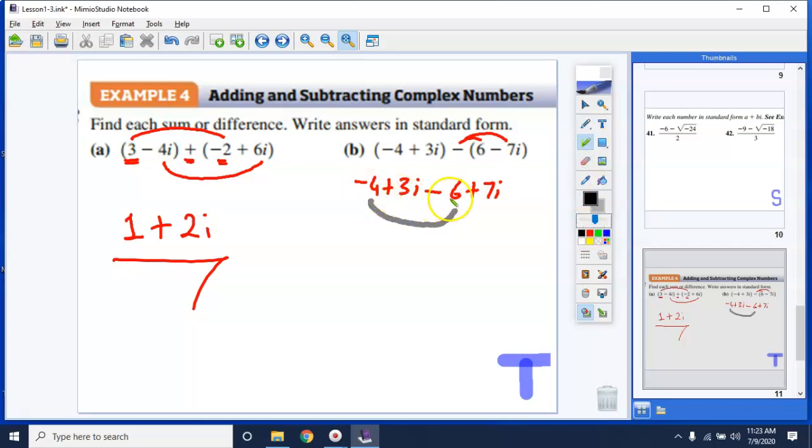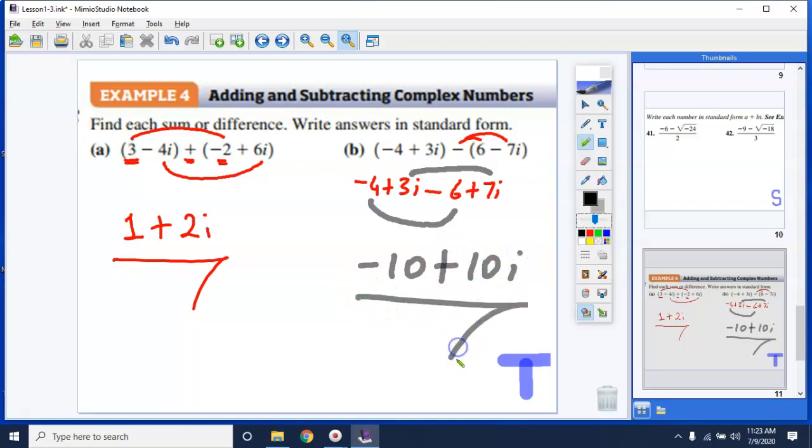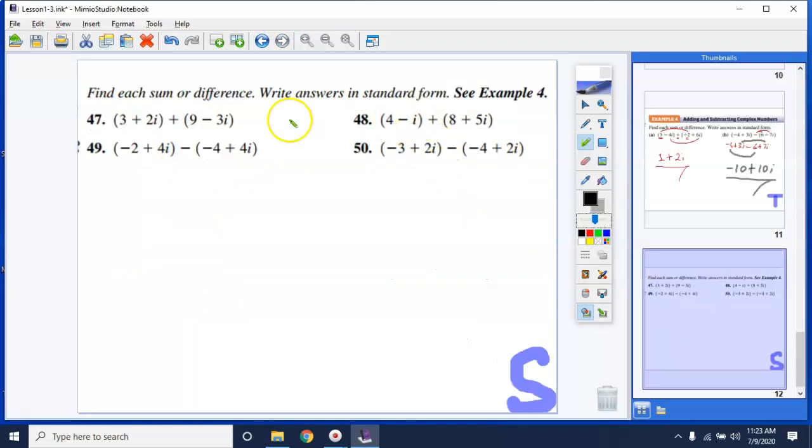Negative 4 minus 6, it should be negative 10. And then let's take care of complex numbers. 3i plus 7i, so it should be equal to 10i, and that's my answer. Okay, combine like terms, that's all. But if you see subtraction, make sure you distribute first. And here, please pause the video, have a try to solve those, everyone.